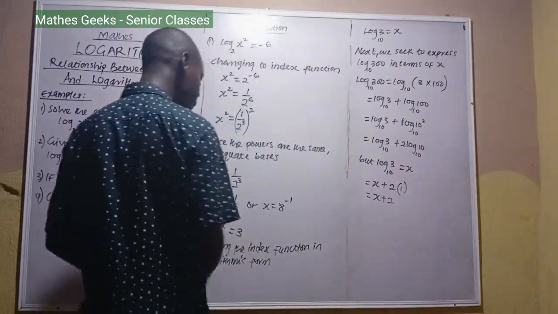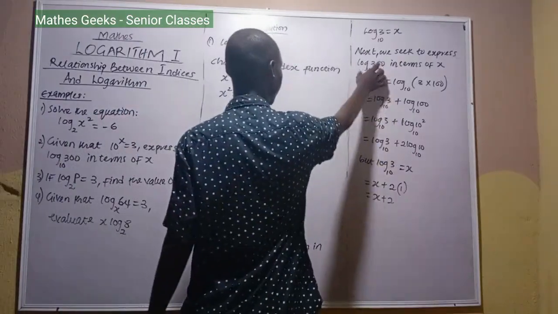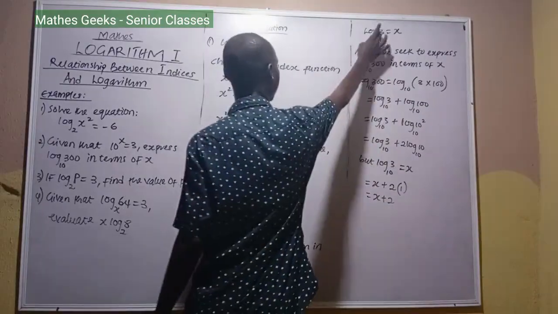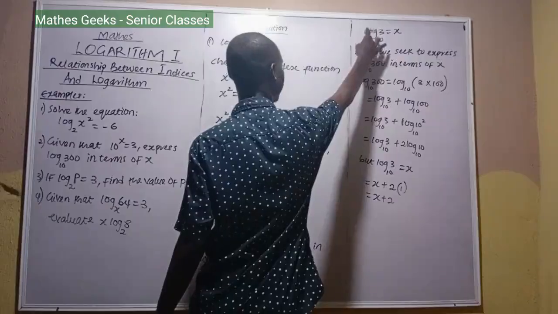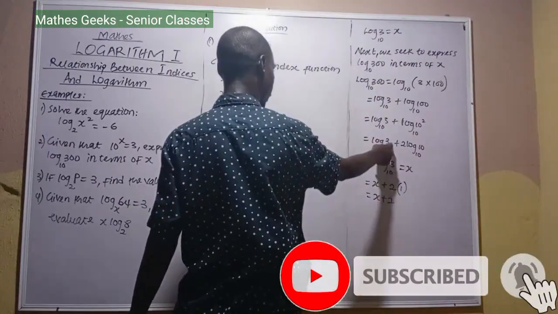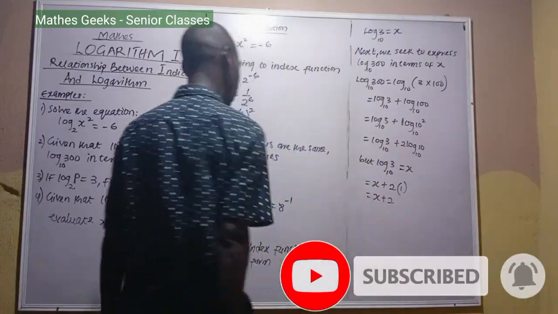So this is log 300 to the base 10 in terms of x, where x stands for log 3 to the base 10. x plus 2.